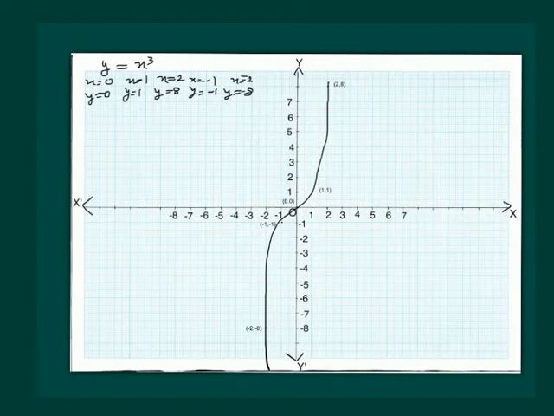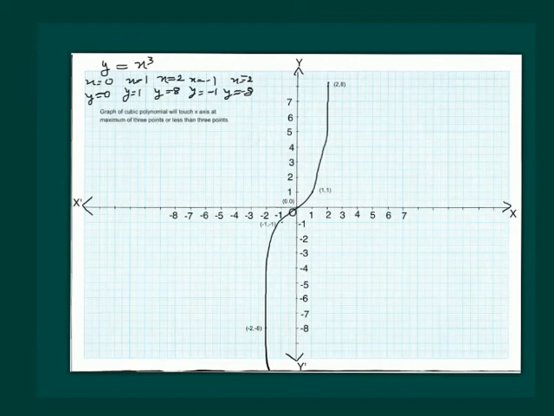We observe that the shape of this cubic graph is completely different from the previous one. Also note that 0 is the only zero of the polynomial y equal to x cube, and from the graph we can see that 0 is the x coordinate of the only point where the graph of y equal to x cube intersects the x-axis.